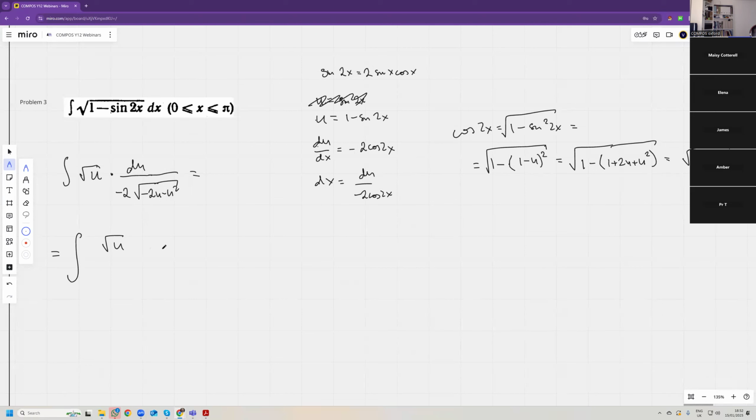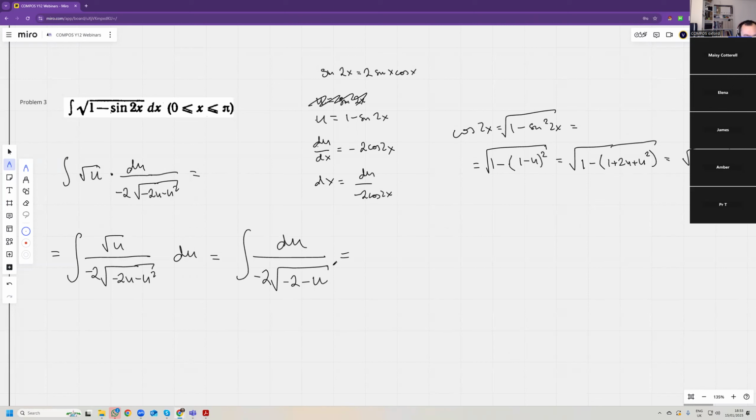So square root of u over minus 2 square root of 2u minus u squared du, and that is the square root of u, du over minus 2 square root of u times (2 minus u). Okay, I can integrate that.